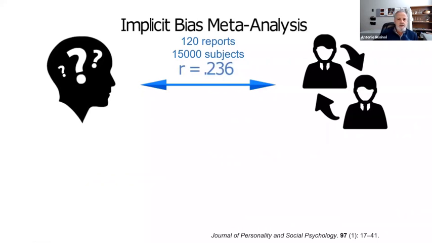In 2009, a group of scientists did a meta-study compiling 120 reports or papers that had 15,000 individuals. And the correlation between implicit bias and actions, like discrimination or different treatment, is actually quite weak.